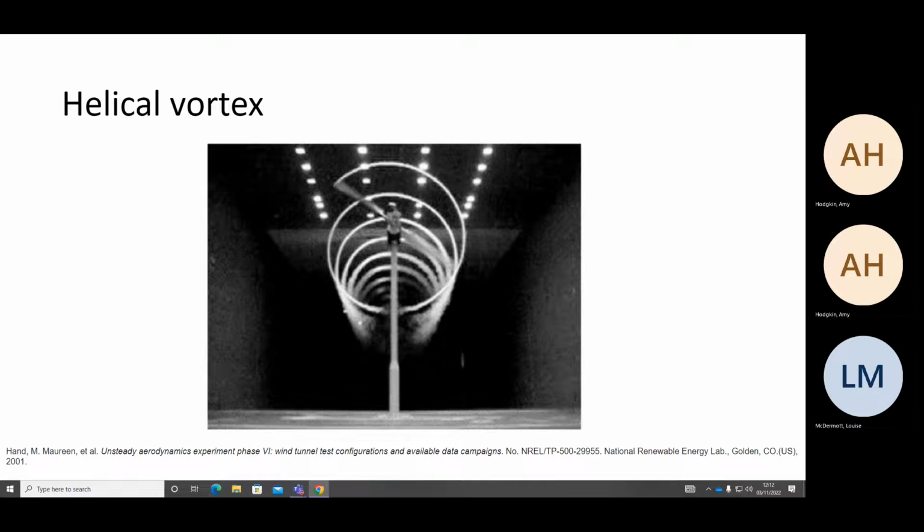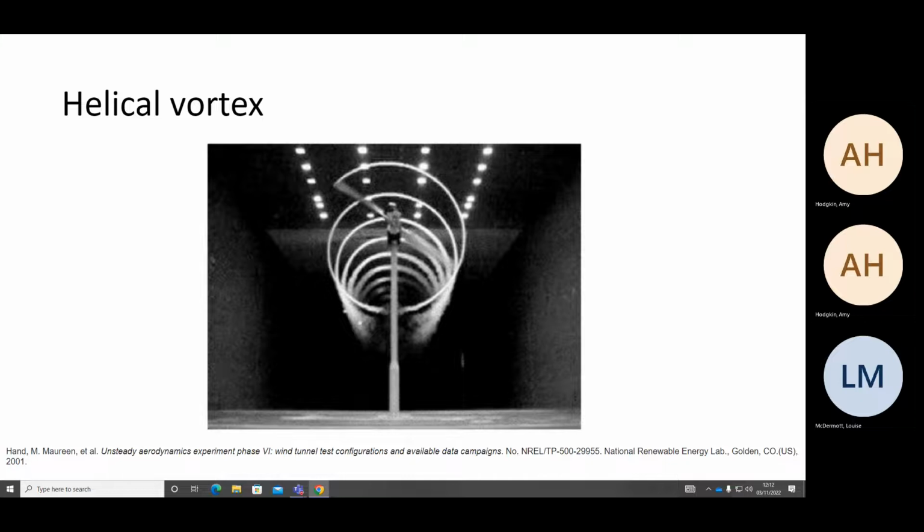A key feature of the near wake field is this helical vortex structure. These are vortex lines, I suppose, that come off the end of the blade. They actually are off the root of the blade in here and the tip. But what we really care about is the tip vortices, because these impact the velocity field, the way the wake expands, and the length of the near wake field.